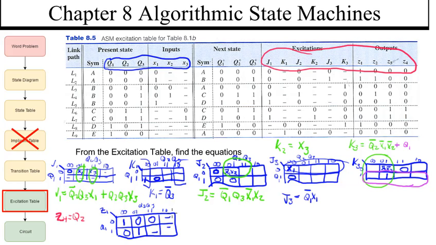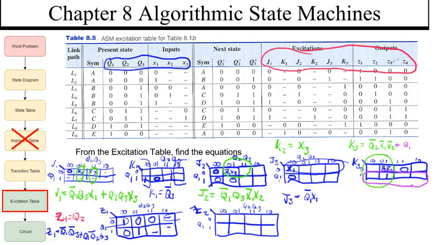So Z1 is going to be, we can make a party out of this right here. So it's going to be Q1 bar, and then Q2 is changing, Q3 is a 0. And this one's going to be or Q1, Q2 bar, Q3.